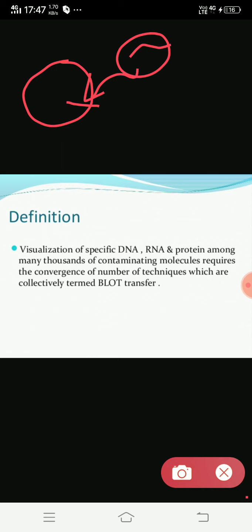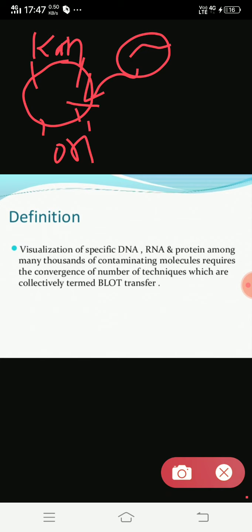For this cut, different types of restriction sites are present on this vector, and the vector consists of different types of genes, like the ORI, origin of replication, and the antibiotic resistant gene. Suppose here we'll take kanamycin resistance.